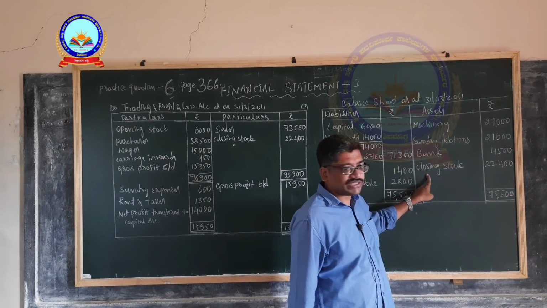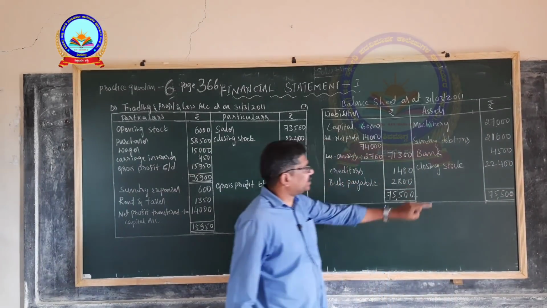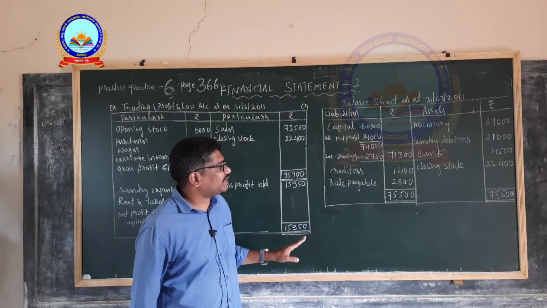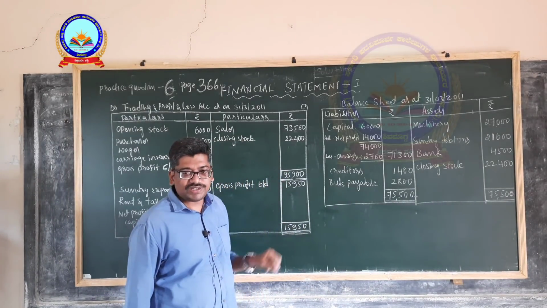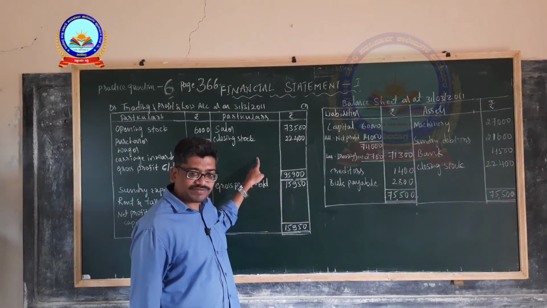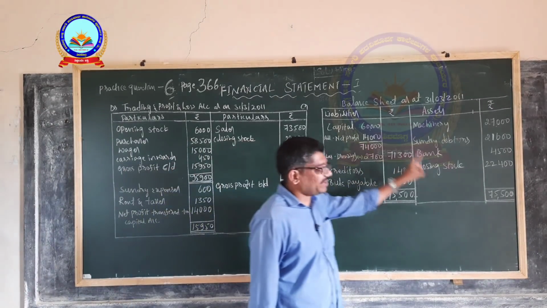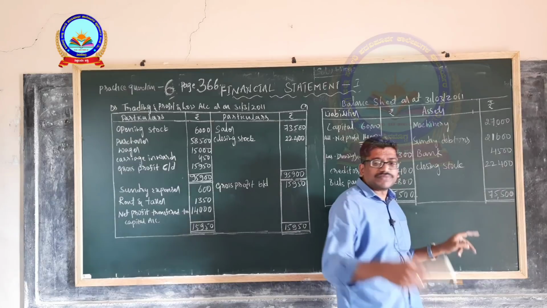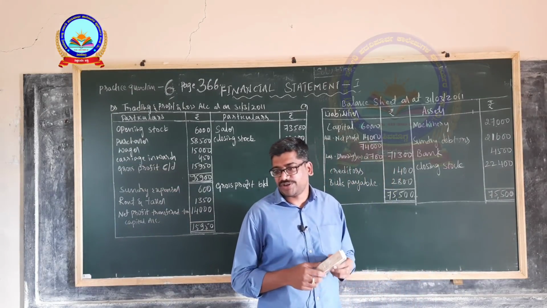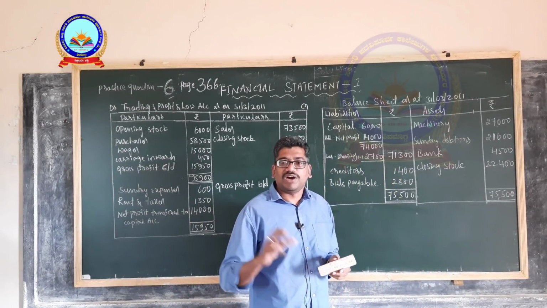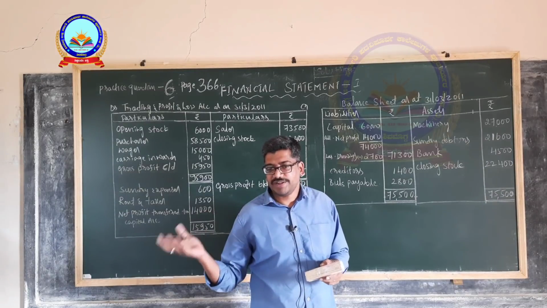Next, the closing stock. Just a few minutes back I told you that one of the adjustments, closing stock, will appear in the trading and profit and loss account, and even in the balance sheet also. In financial statements part 2, you will come to know how to make an adjustment for different items.